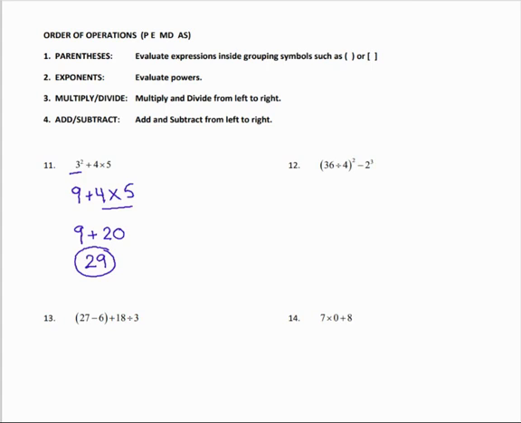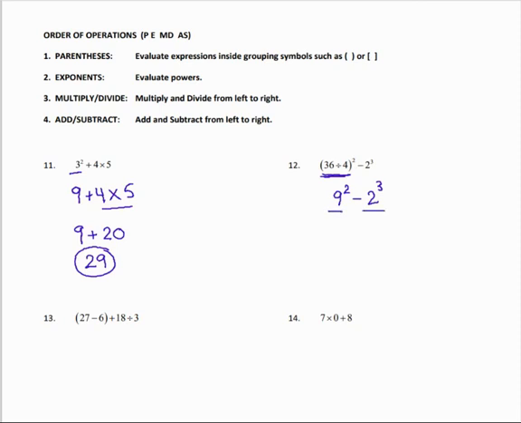Let's look at 12. PEMDAS says to do parentheses first, which we do have this time. So we're going to complete 36 divided by 4 first. 36 divided by 4 is 9. So we'll have 9, we'll bring down the squared, minus 2 to the 3rd power. From there, we do exponents. So we're going to complete both of these right now.